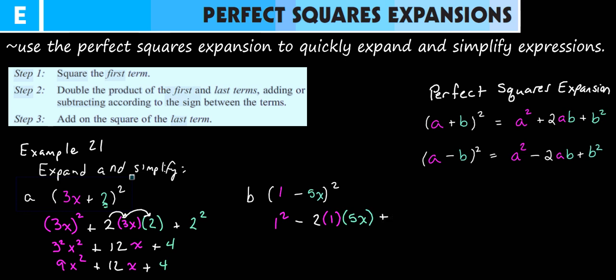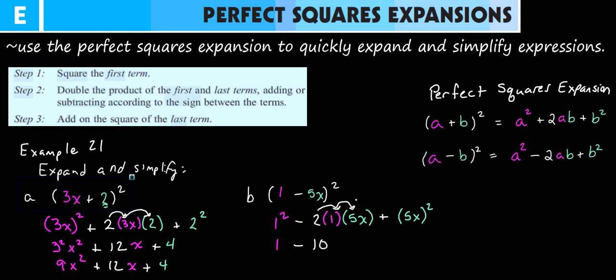Okay, plus 5x squared. Okay, 5x squared. All right, so 1 squared is just 1 minus 2 times 1 times 5. So 2 times 1 is 2, times 5 is 10.